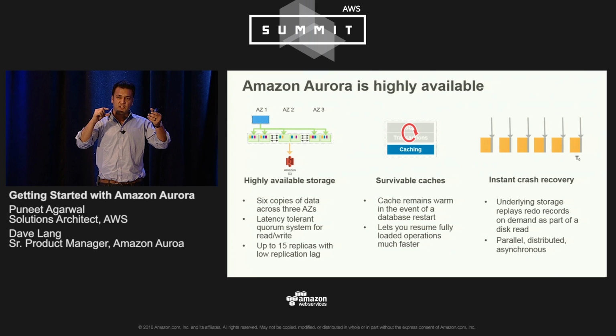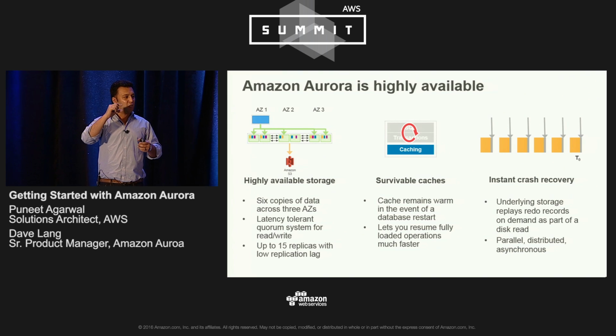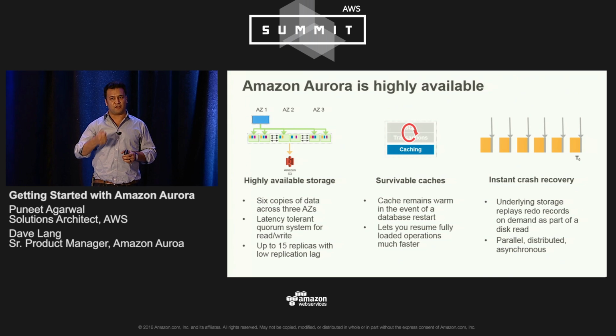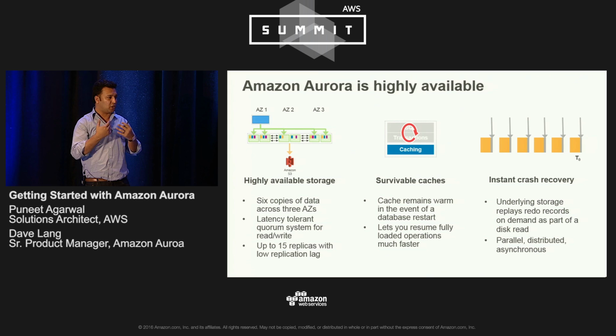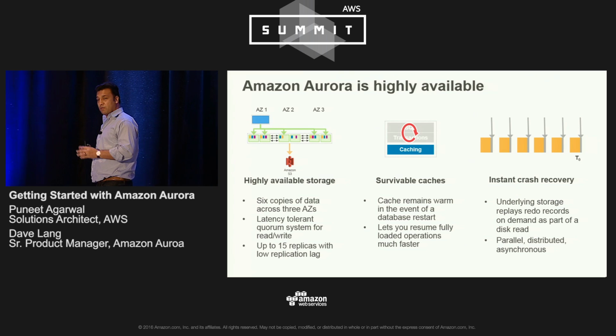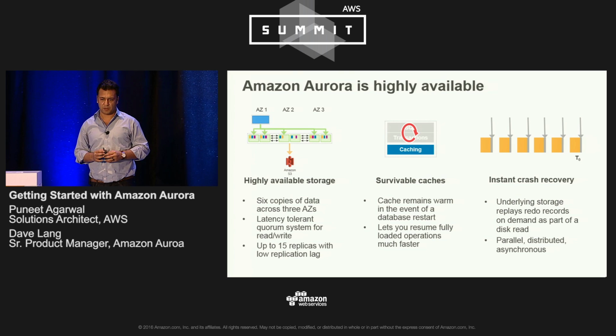So when your database engine process comes back up, your cache is still warm, and you can resume your fully loaded operations very fast, as compared to MySQL, where if the database engine crashes, it will crash the cache itself, and then you will have to run select queries to replenish that data. So that's, again, a big advantage with Aurora.